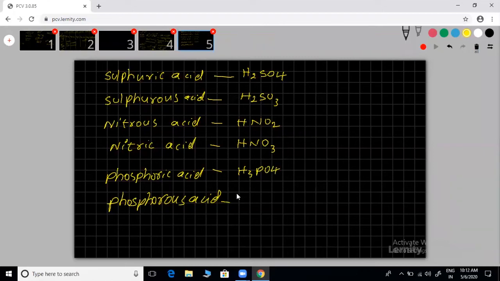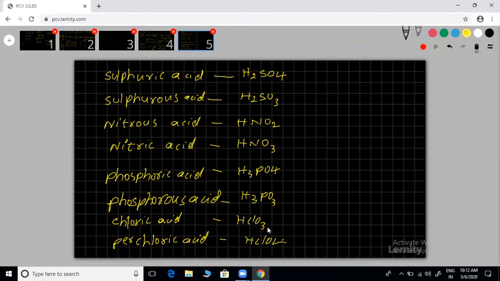Next, phosphorus acid means H3PO3. Next, chloric acid. Chloric acid, you make and write HClO3. Perchloric acid, HClO4. Fine.